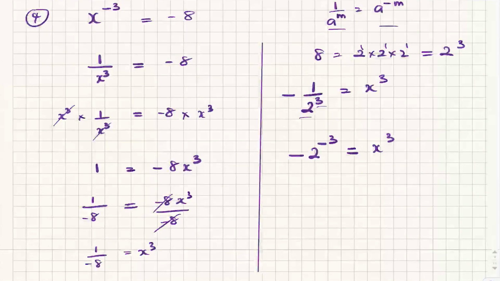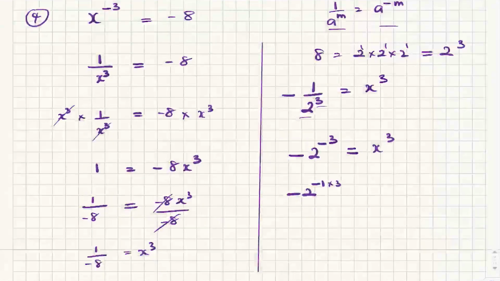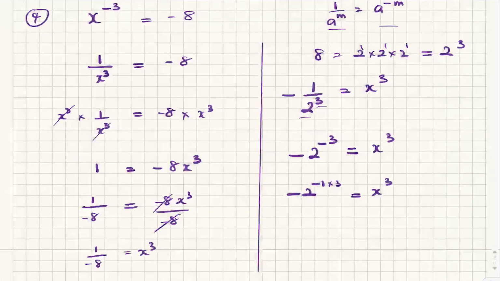So what I can say is, this is quite clever actually, because I can rewrite this as minus 2 to minus 1, right, times 3 equals x to the power of 3. So can you see where I'm going? So I still have minus 2 to minus 1 there, and I've got a 3 there.